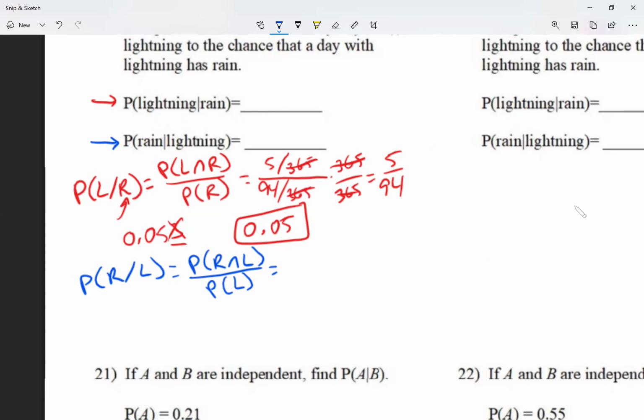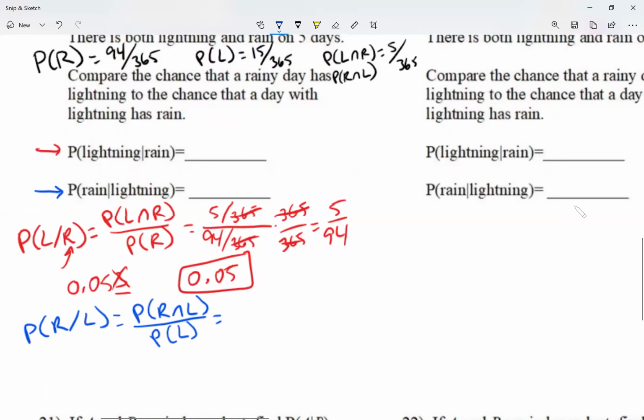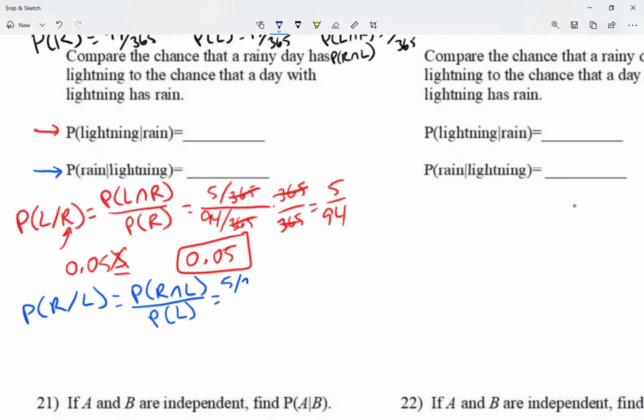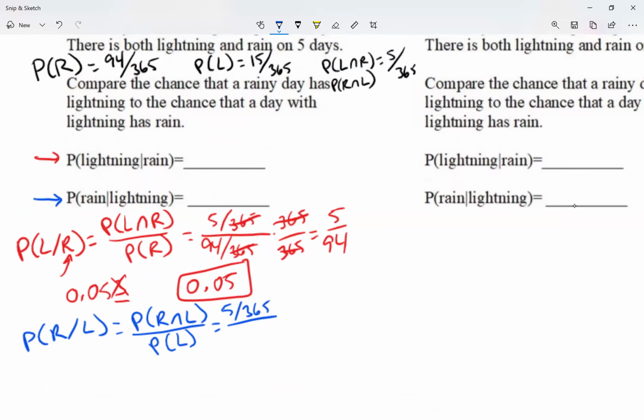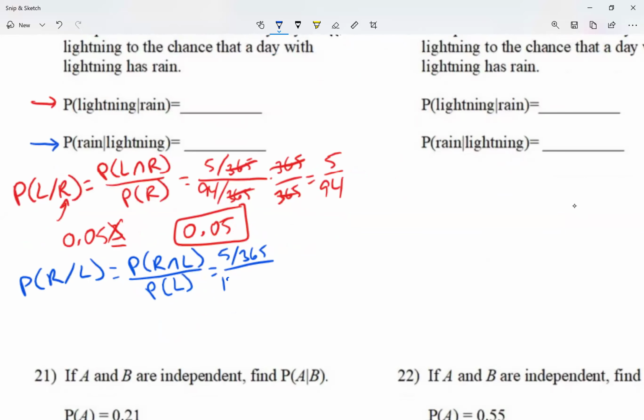Rain and lightning is 5 out of 365 days. Now, what's the probability of lightning? It says 15, right? So 15 out of 365. Because they have the same denominator, really I'm looking at this as 5 over 15.